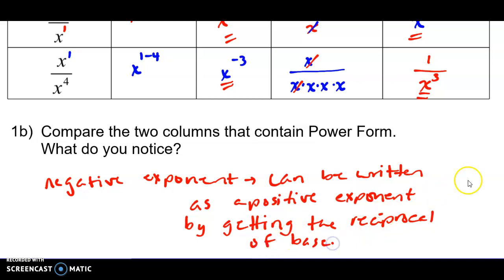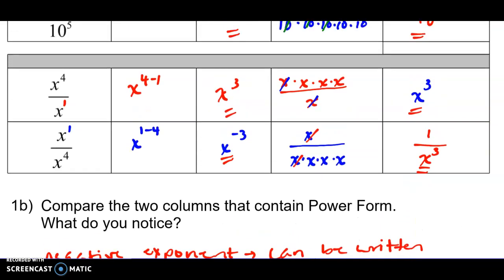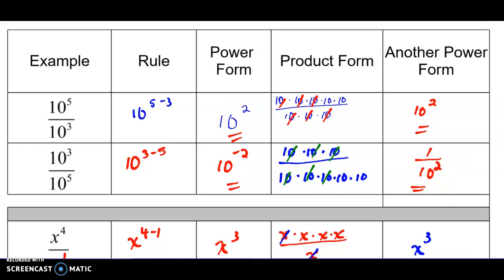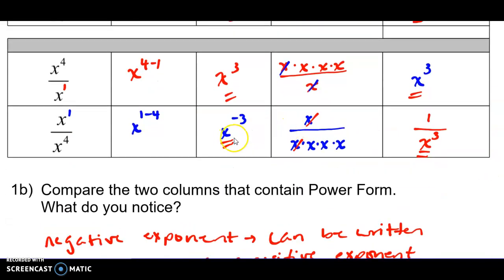So let's just take a quick look. Reciprocal, remember, is when I take my base and I write it, let's say, upside down. So my base is 10. When I rewrite my exponent here as a power form, the reciprocal of 10 is 1 over 10. Now my exponent is positive. If I look at my x to the negative 3, I rewrite it as a positive exponent, but the reciprocal of x is 1 over x.